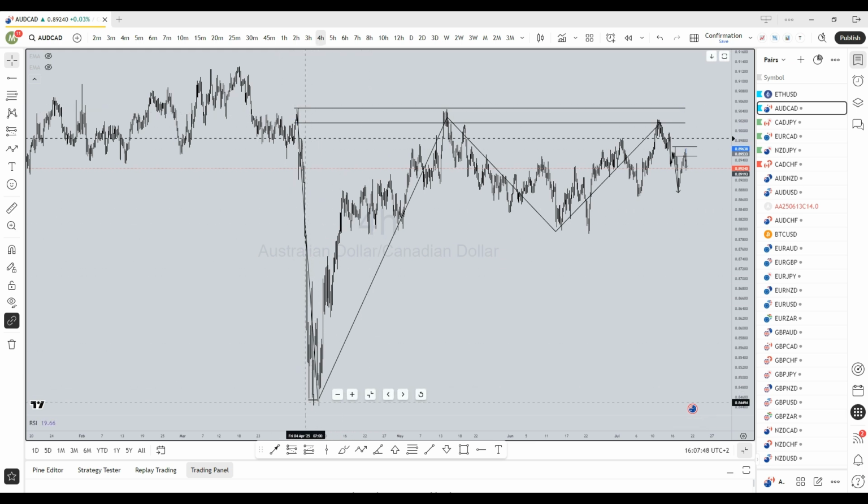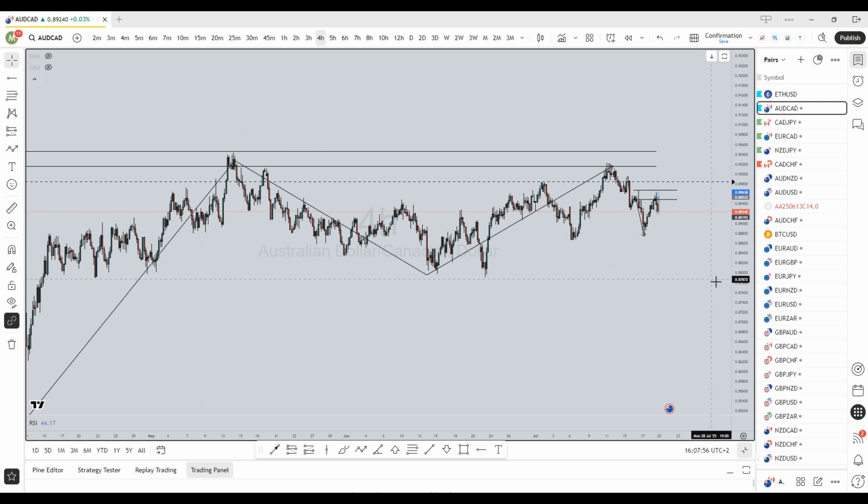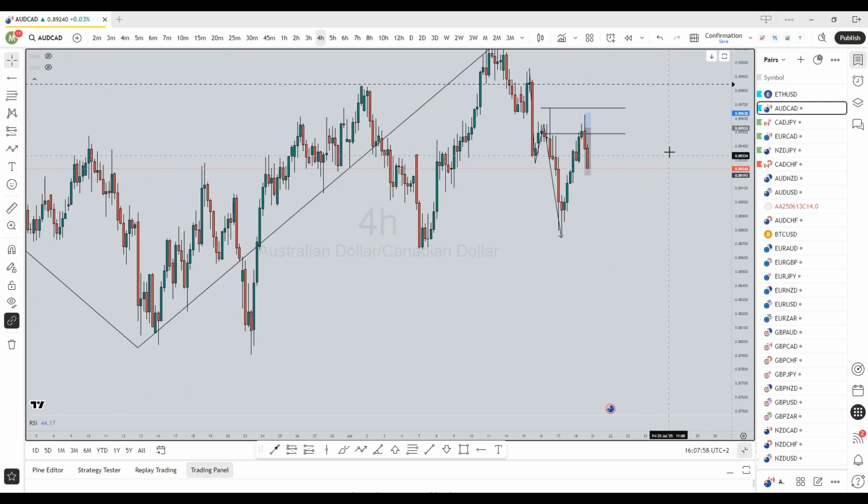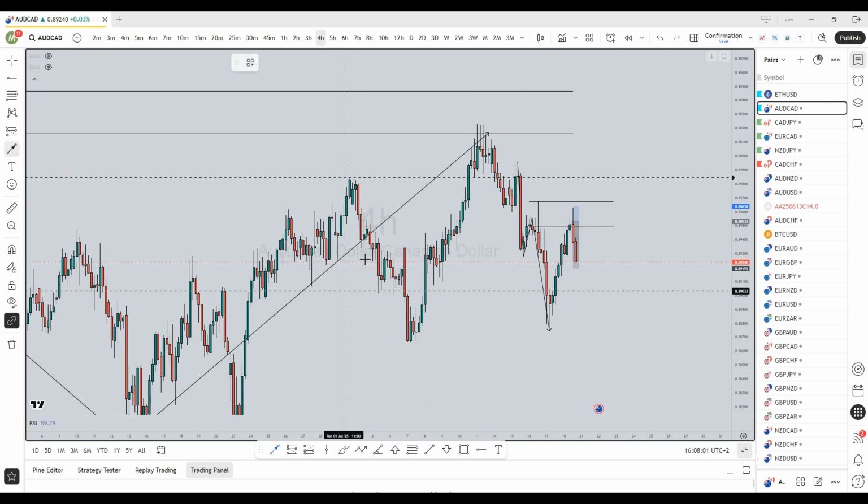So we made this strong aggressive move to the downside, tested the supply zone, then came down again, tested the supply zone, came down again, and then on our move down, because initially I was supposed to have taken a trade here, but I didn't quite get my signal for entry that I was looking for, so I never took the trade.